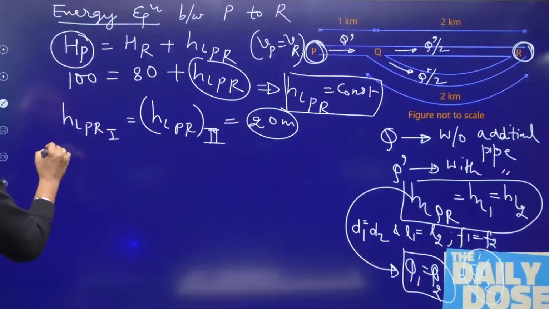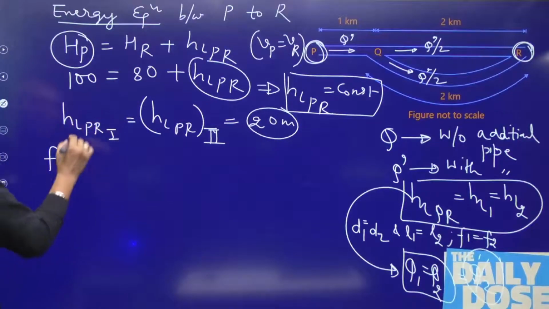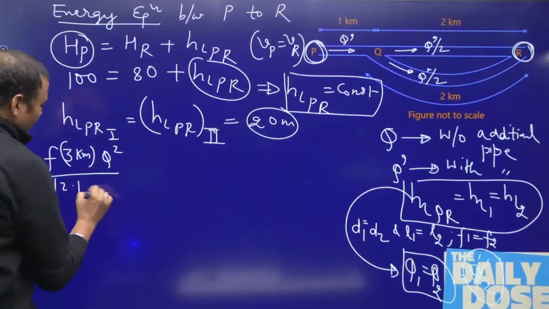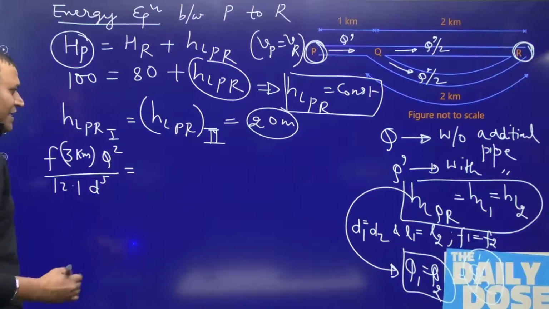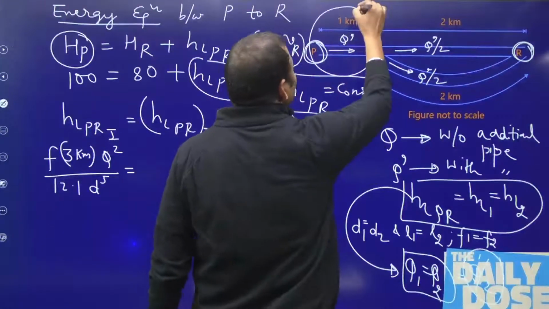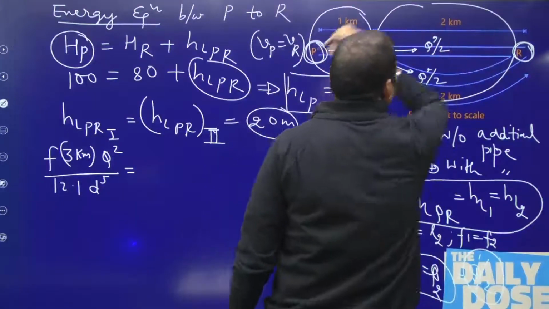All right. So we can write F, the length between P to R is 3 kilometer, Q square upon 12.1 D to the power 5 is equal to the loss between P to R in the second case. We will write the loss between P to Q and the loss between Q to R separately.